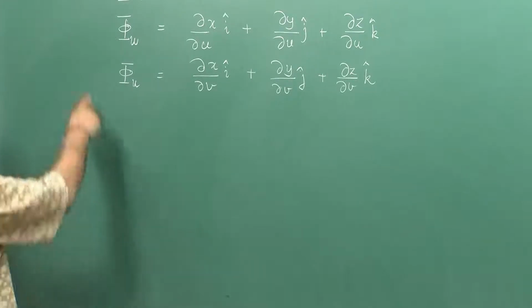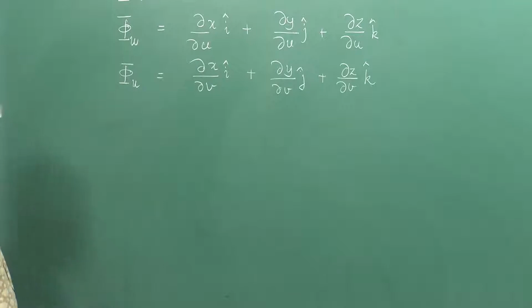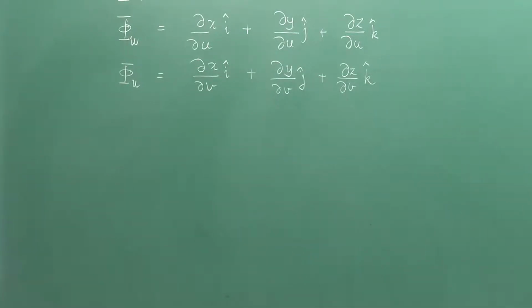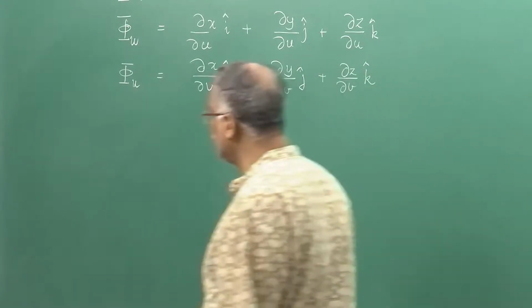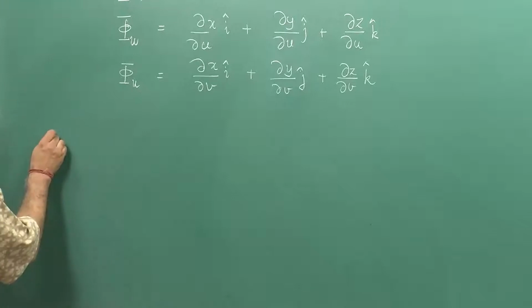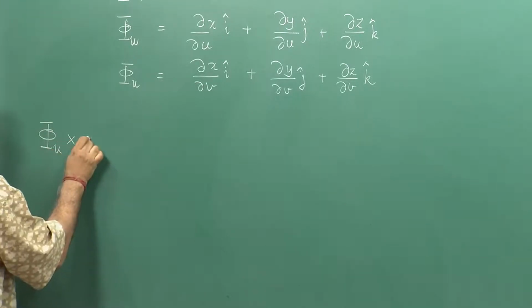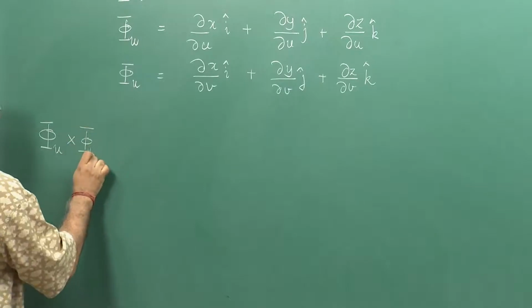Now, once you have these notations with you, you know what the cross product is. Let us write down the cross product of these vectors.